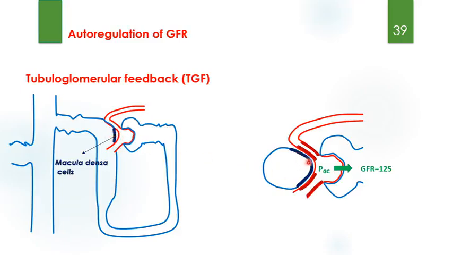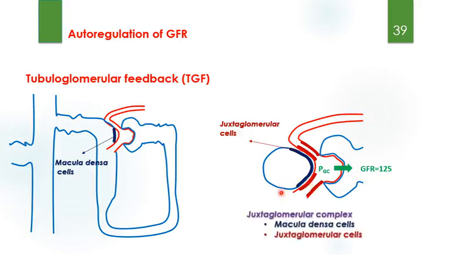Next to the macula densa cells in the initial portion of the distal tubule, in the afferent arteriole and efferent arteriole wall, there are specialized cells known as juxtaglomerular cells. Overall, these two structures, the macula densa cells and the juxtaglomerular cells, together are known as the juxtaglomerular complex or apparatus.